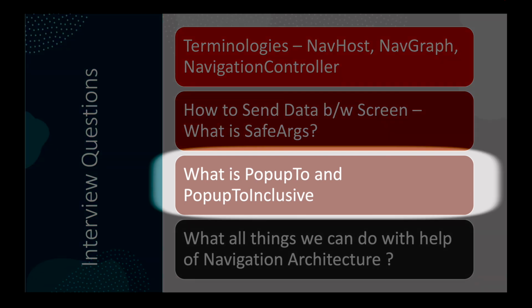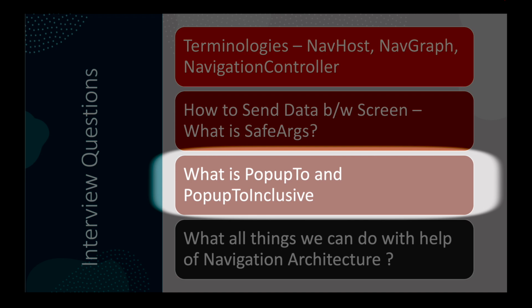I'll give you a brief idea, but I'll ask you guys to Google it and see how it can be done. Now, what is popUpTo? popUpTo itself says that it is popping something. Obviously, we are using destinations in navigation architecture, so it should pop only destinations.